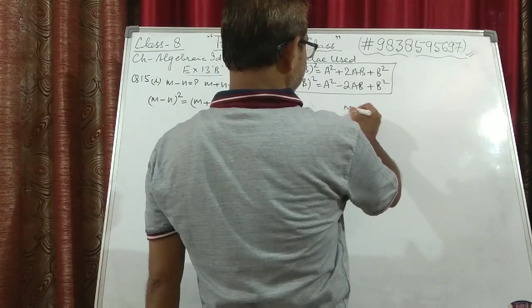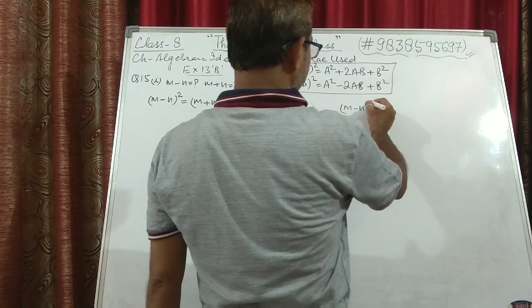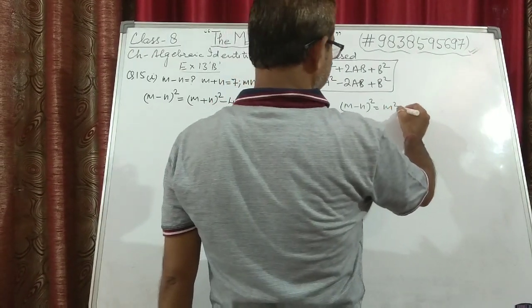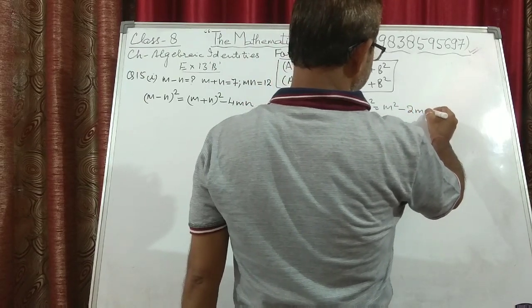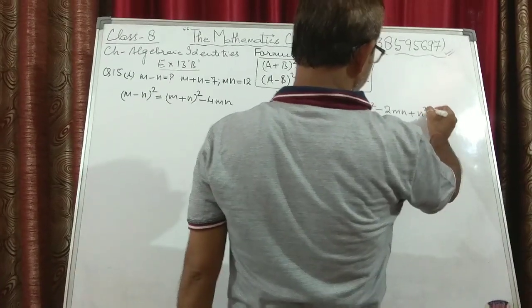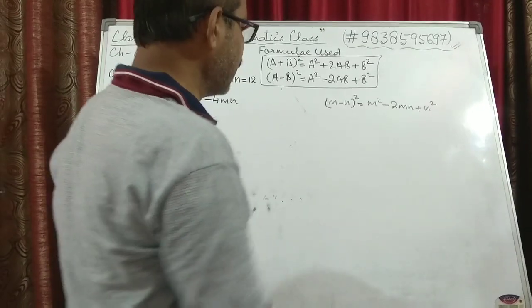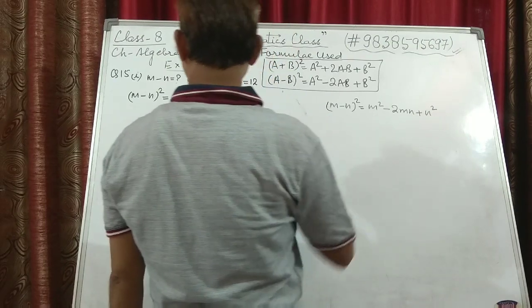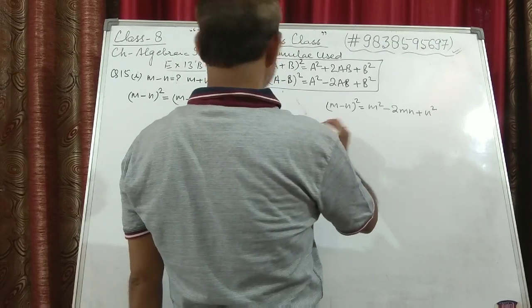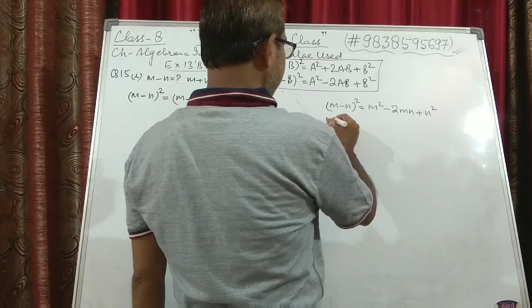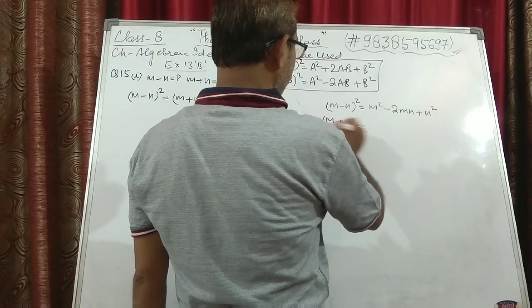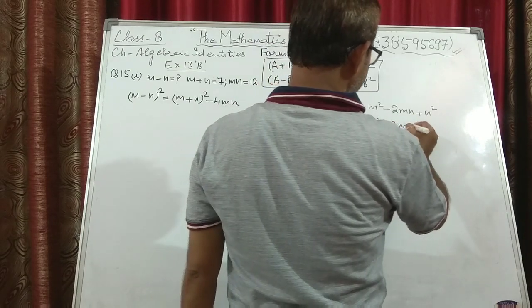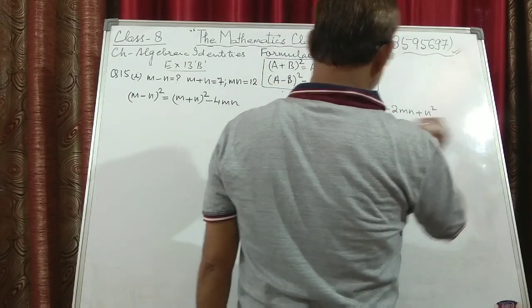We know that m minus n whole square, according to a minus b whole square, is m square minus 2mn plus n square. If I add 4mn to both, and we know that m plus n whole square is m square plus 2mn plus n square.